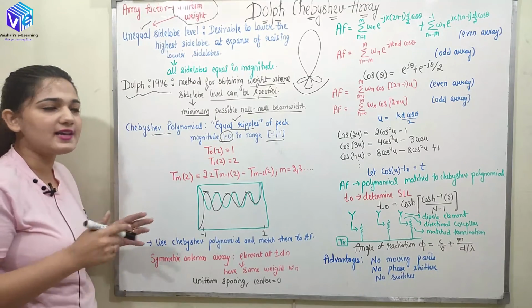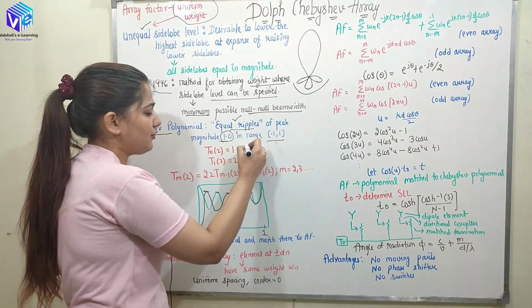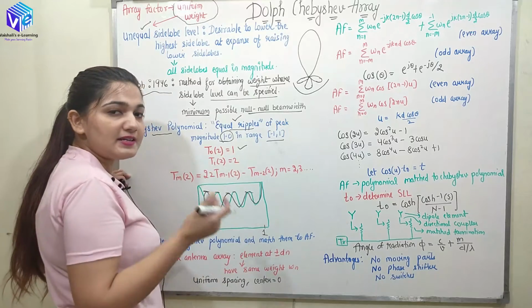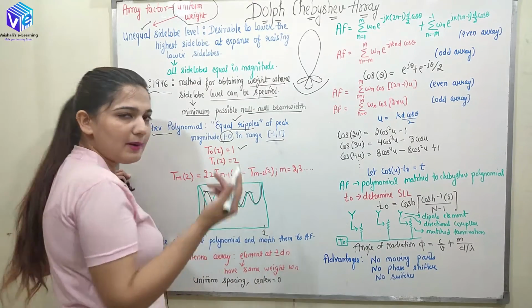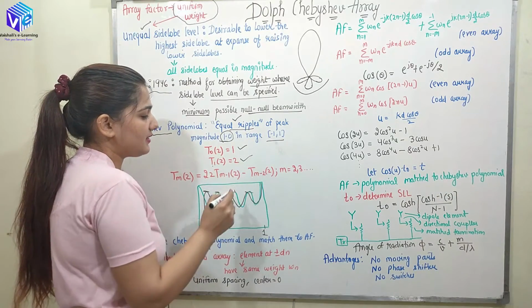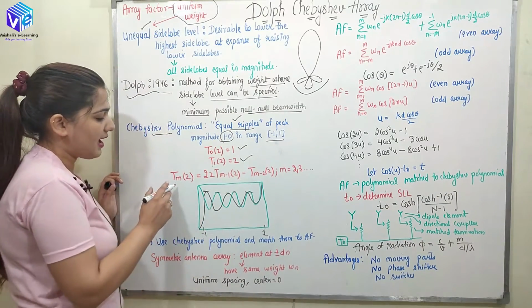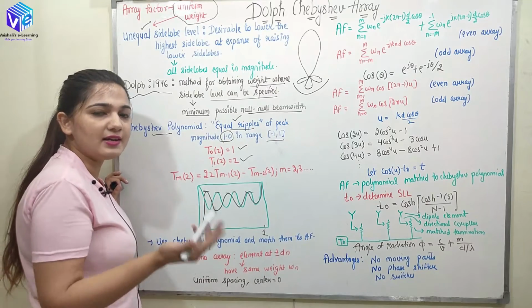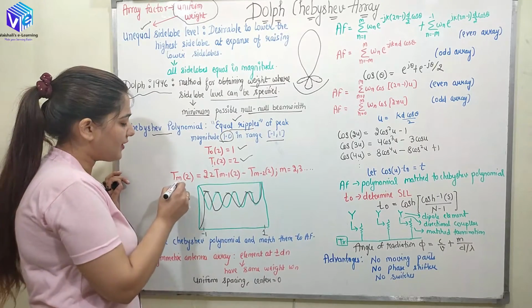T naught Z, the first Chebyshev polynomial, is represented by 1 only. Then the second polynomial T1Z is represented by Z, and then we have TmZ, any general polynomial of order m.